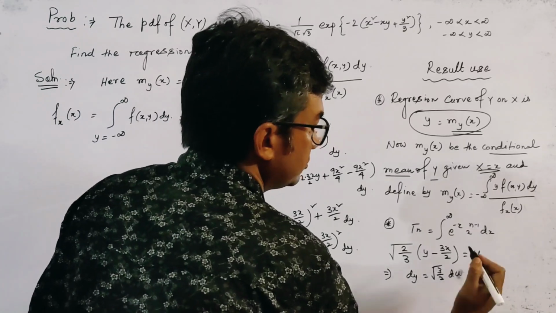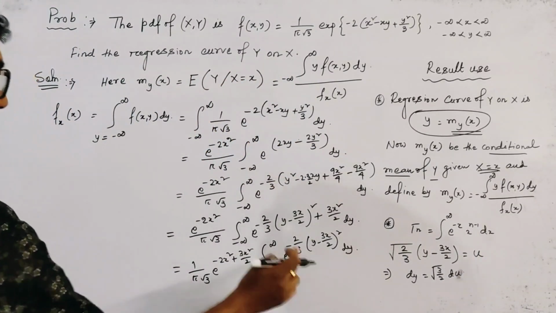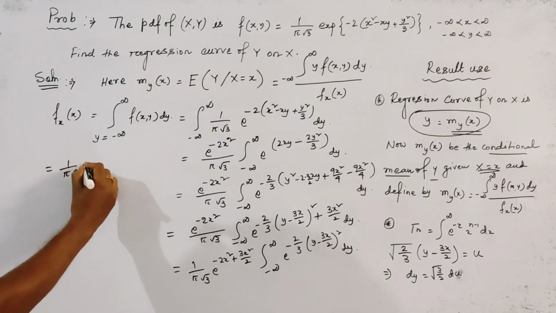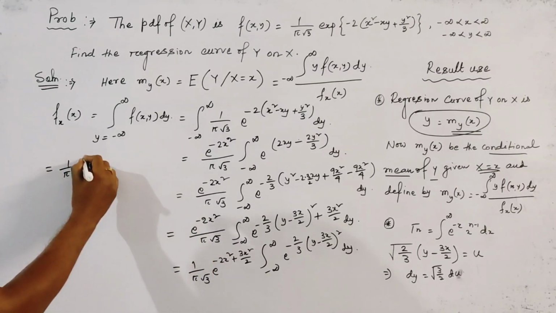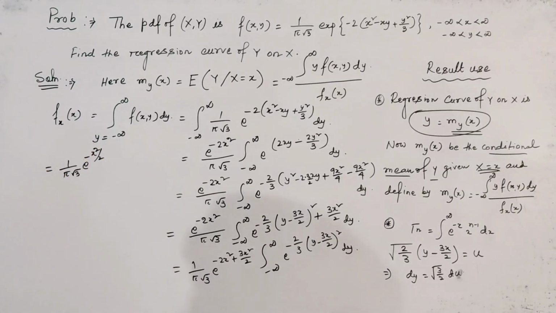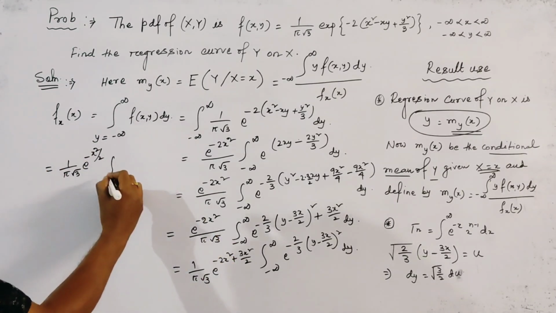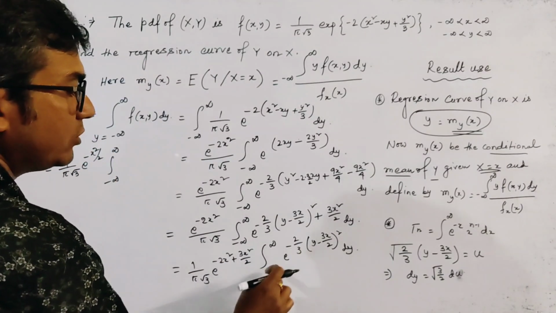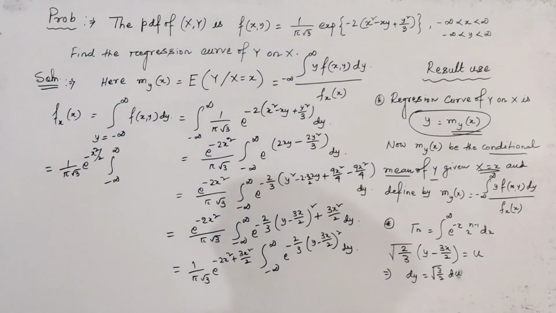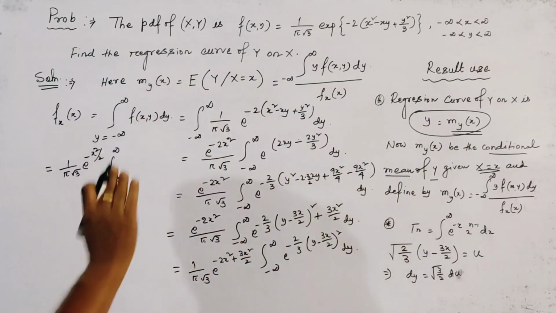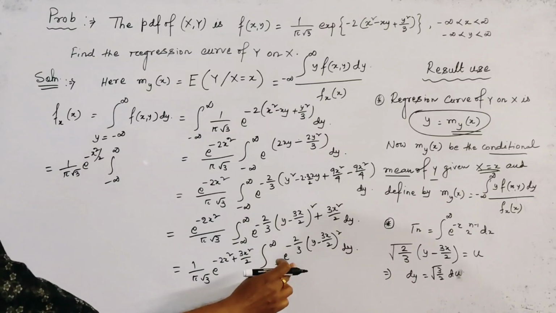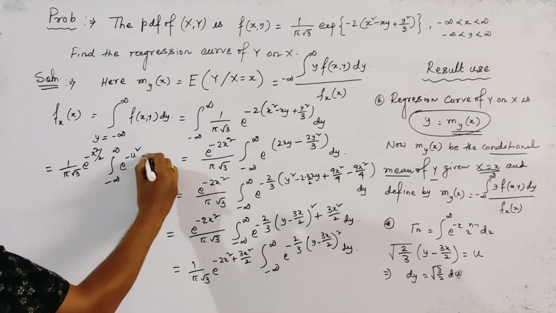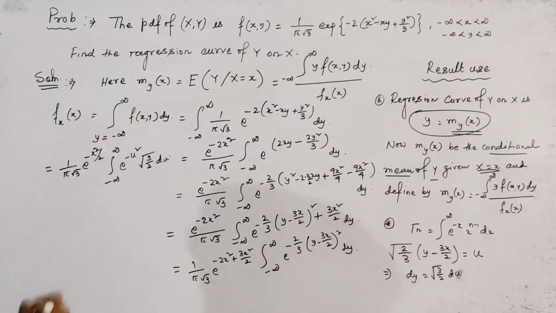So we get from this integration 1 by pi root 3 into e to the power minus x square by 2, and the limits remain minus infinity to infinity, because if y equal to minus infinity then u equal to minus infinity, and when y equal to infinity then u also equal to infinity, and the term becomes e to the power minus u square, root 3 by 2 into du.